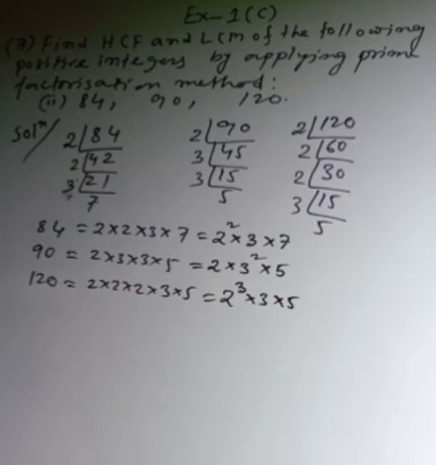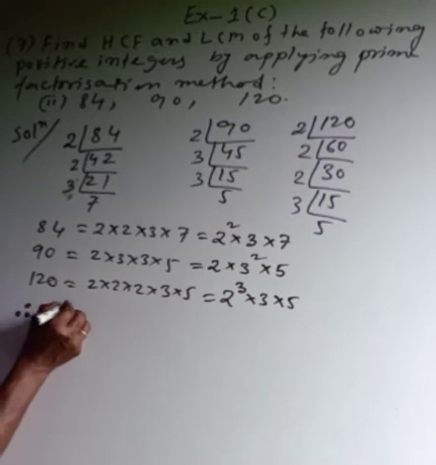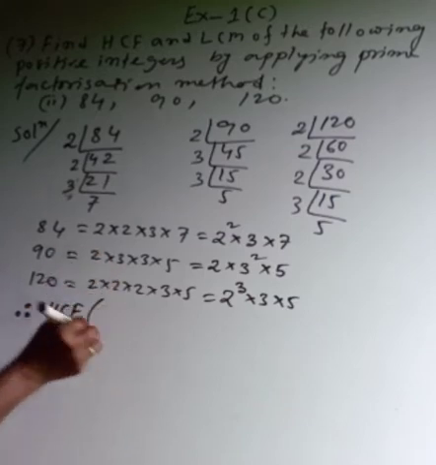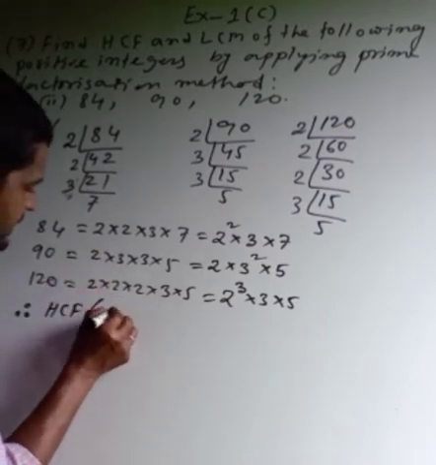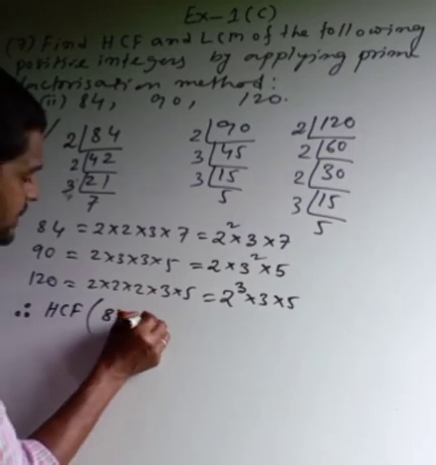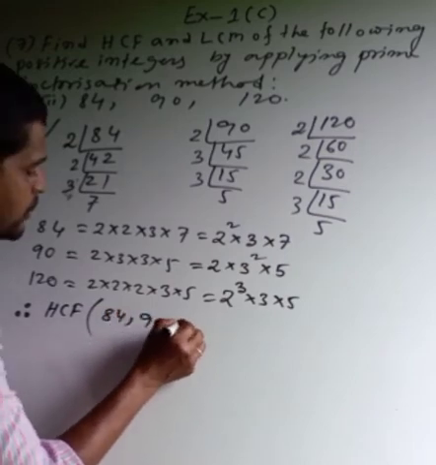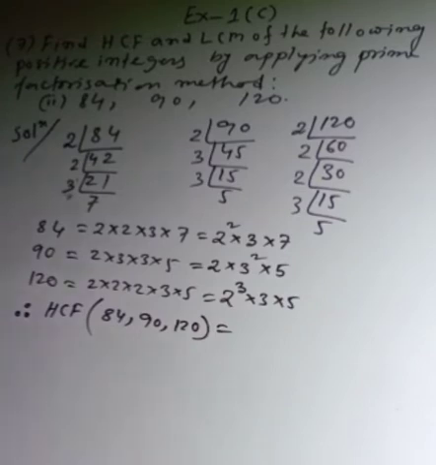From the previous classes we have learned how to find the HCF. Therefore HCF of these three numbers 84, 90, 120 is equal to, how can we find the HCF? Very easy.